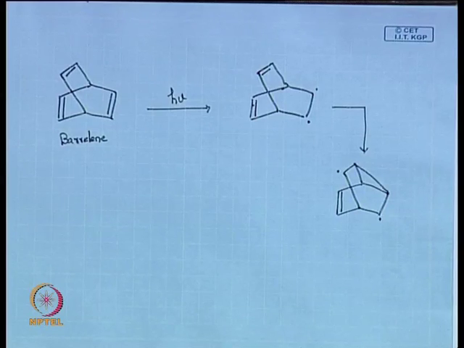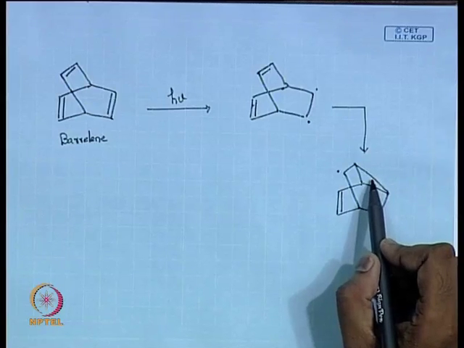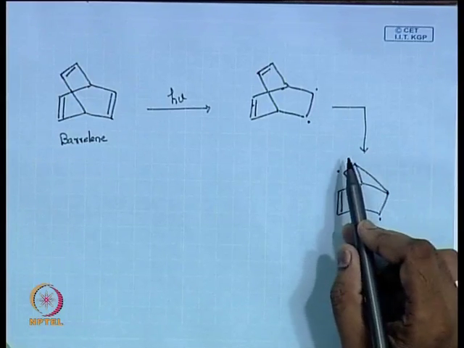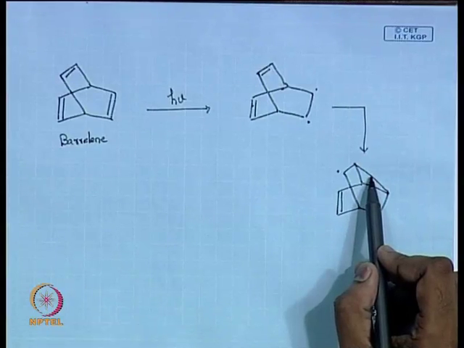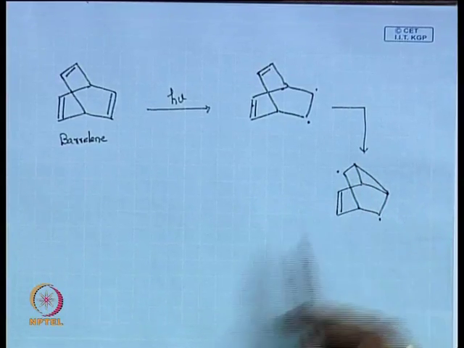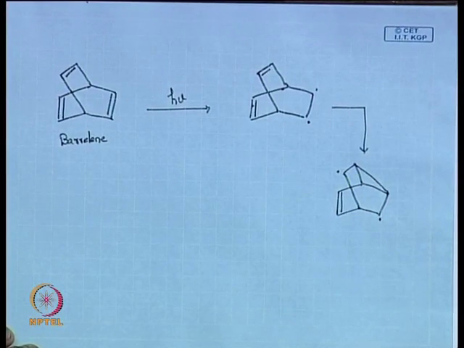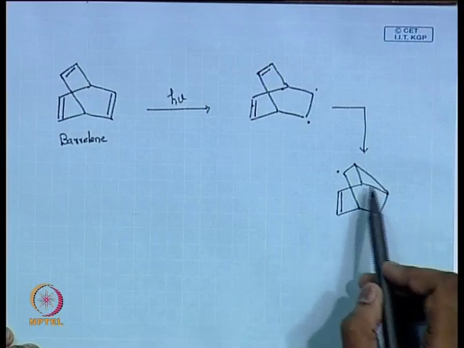Get this. Now what to do? I don't want to break this bond because that is a newly formed bond. Otherwise, I will go back. Okay, right. So you have a choice of breaking this bond. You have a choice of breaking this. You have a choice of breaking this. So you are going with choices. So which bond do you want to break now?